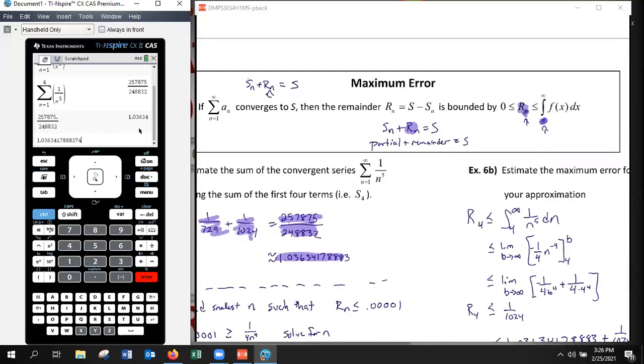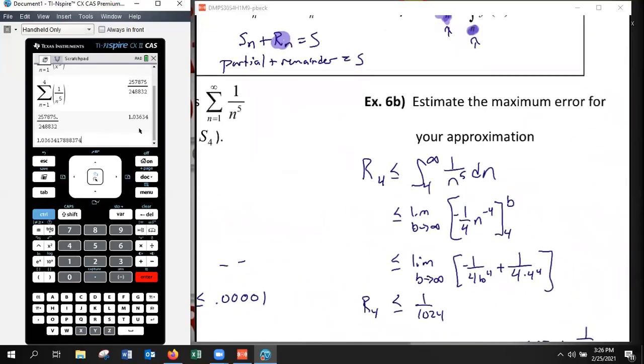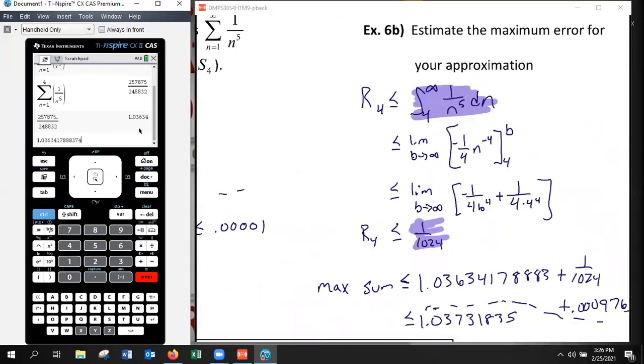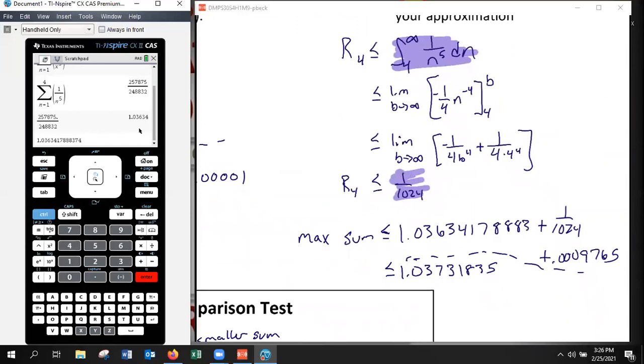Well, what happens if I want to know the maximum error? I will then take the integral from 4 on to figure out what that error is. You can see that I did that with my limit notation, so that remainder has to be less than or equal to 1 over 1024, which then we could say the overall sum, so the maximum amount of our sum, is going to be our partial sum, so this was S sub 4, plus our remainder of 1 over 1024.